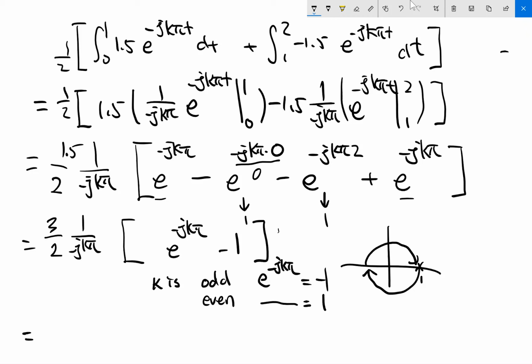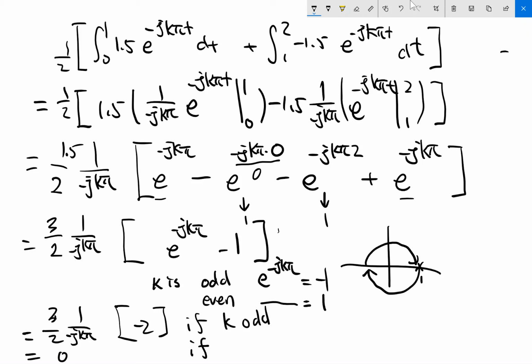So this can be simplified to 3 over 2, 1 over minus j k pi, equal to minus 1 minus 1, which is minus 2 if k is odd, and equal to 1 minus 1, which is 0 if k is even.